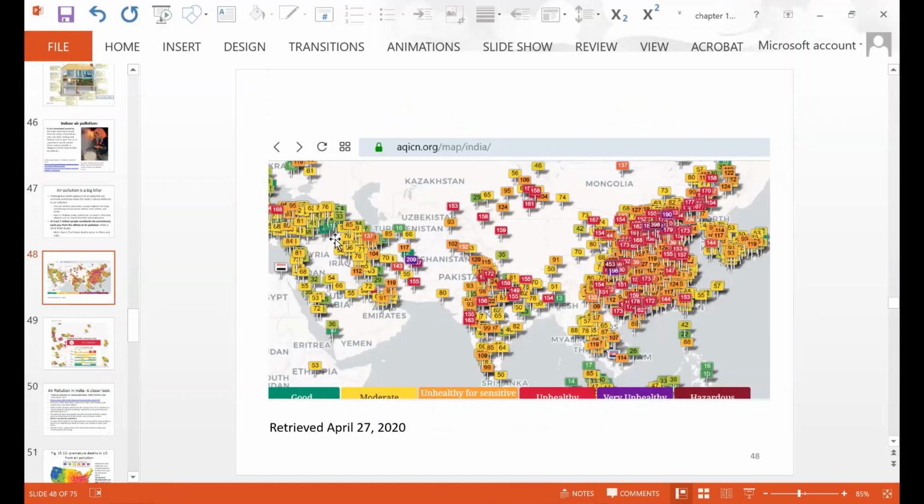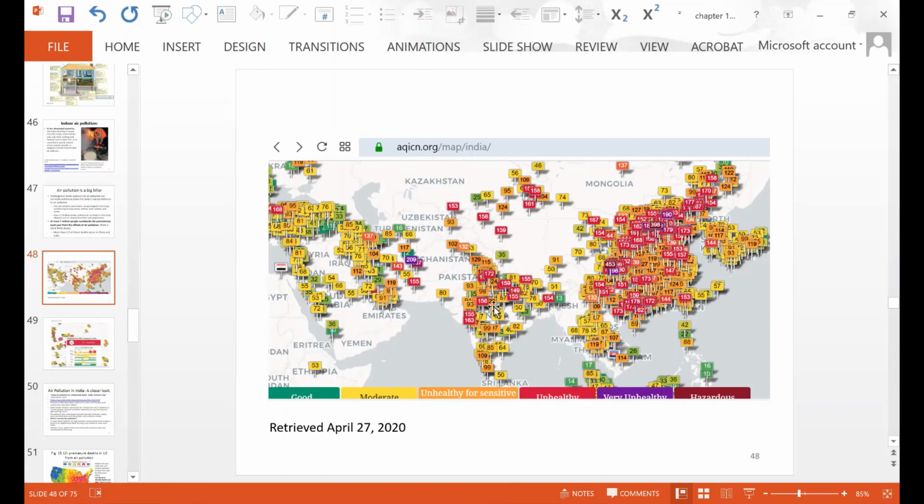And you can go to this website, and then also there's a section where you can type in your own zip code and it'll go there. So really you could look at anywhere in the world, but not every single place in the world has a monitor for air quality.